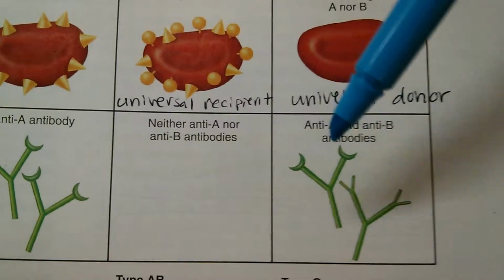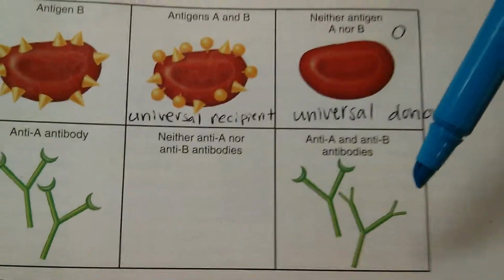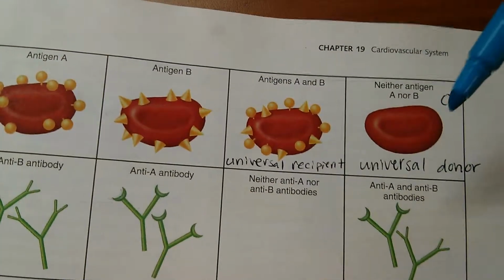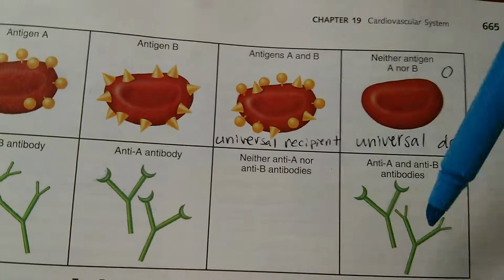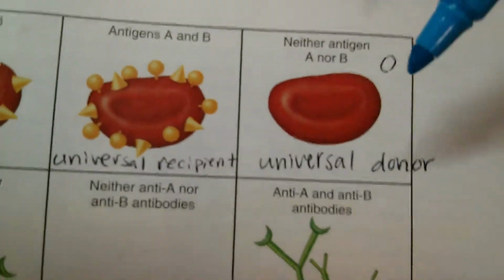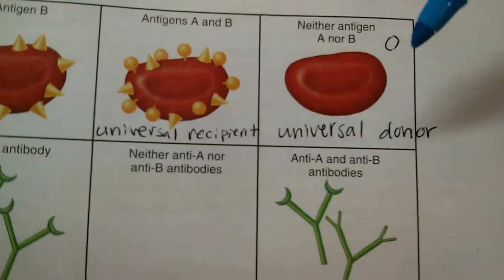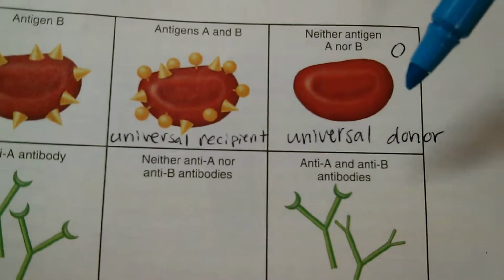So they're going to have anti-A and anti-B antibodies. So if any of these guys were to donate to a type O person, the antibodies would attack them. So this person cannot receive any type of blood except from a type O, another person who has no antigens.